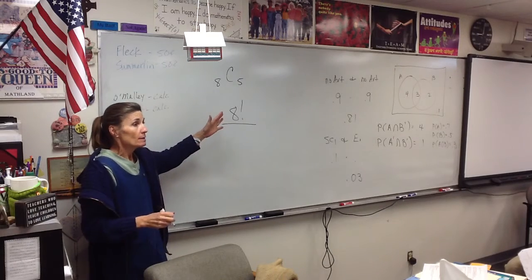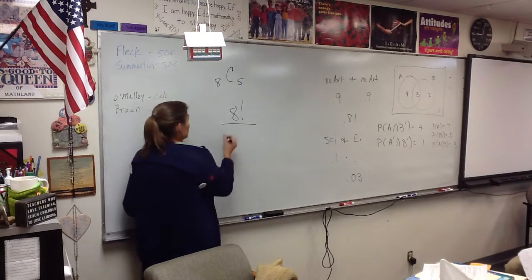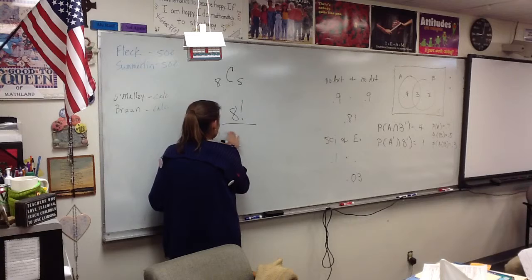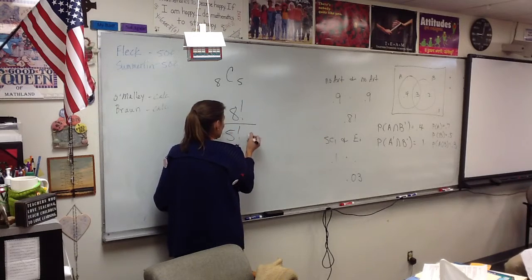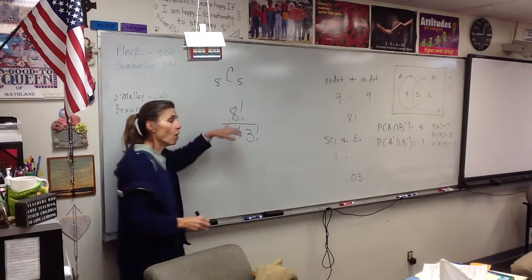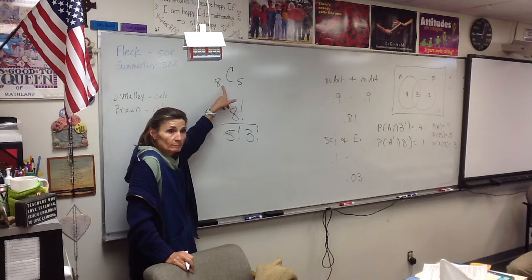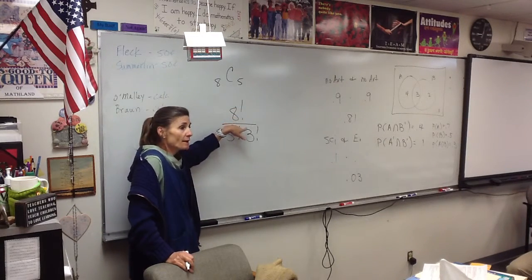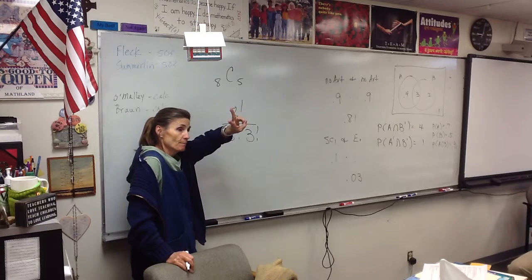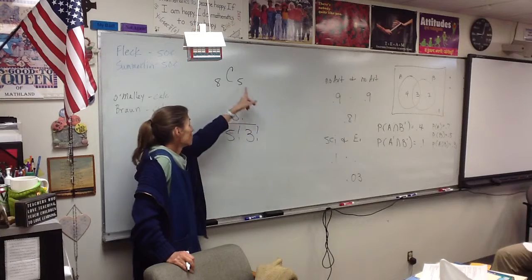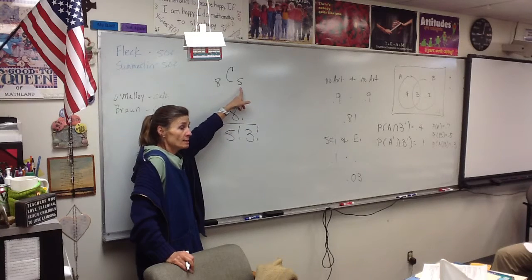And then it would be 5 factorial and 3 factorial. Perfect. So on the top goes this number factorial. On the bottom go two things: this number factorial and the difference factorial.